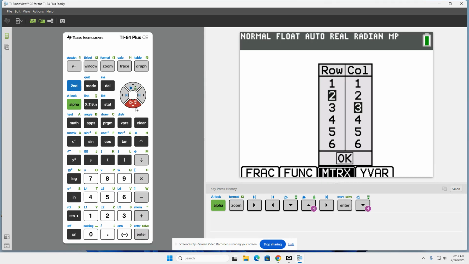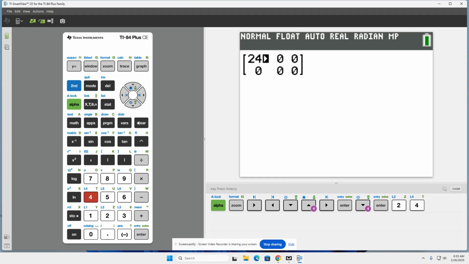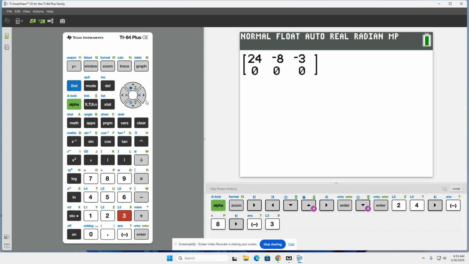And you'll know you changed it correctly because it'll have all the parts that you need. So then plug in x, because that was the first one. So we have 24, scroll over, -8, scroll over, -3, keep scrolling over, it'll go down, -4, over to 6, and over to -17.